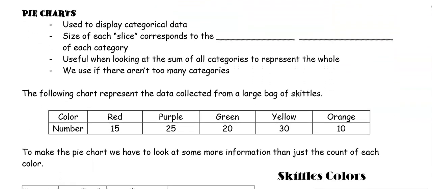The first one we're going to look at is different kinds of pie charts. They are used to display categorical data, as we said. The size of each slice is going to correspond to its relative frequency.